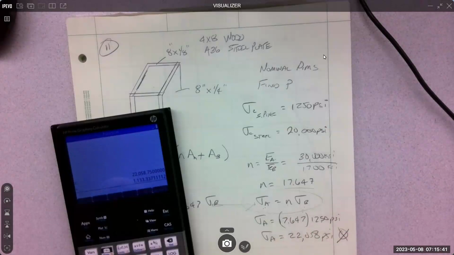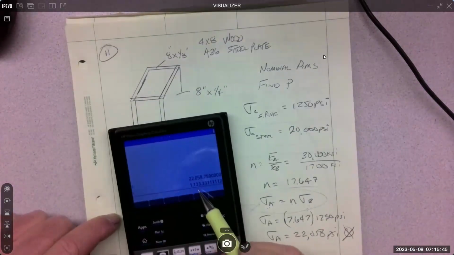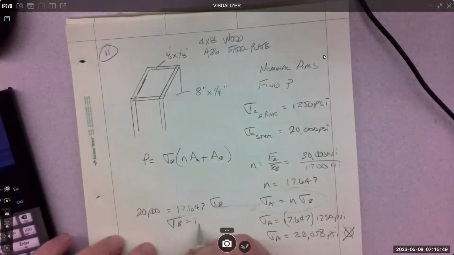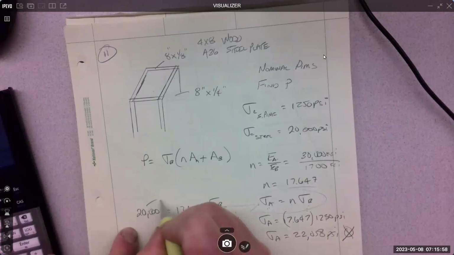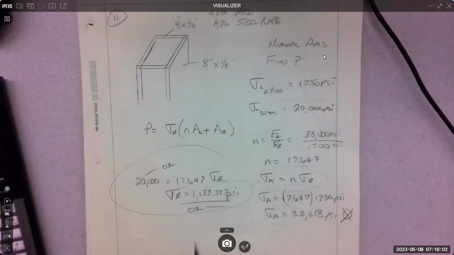That's super important to know, because now I have 1,133.337 PSI, and that is okay. And the 20,000 is okay. So this is the scenario for the multiple materials.